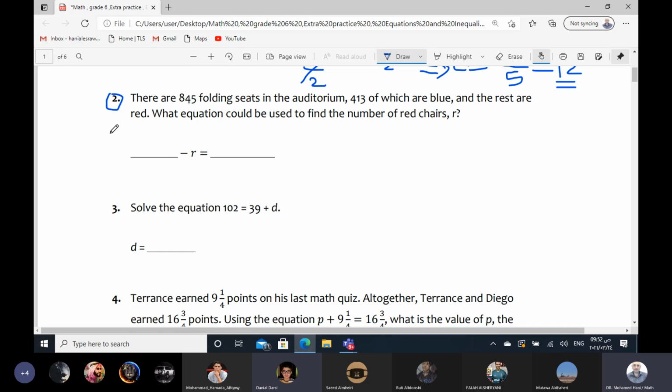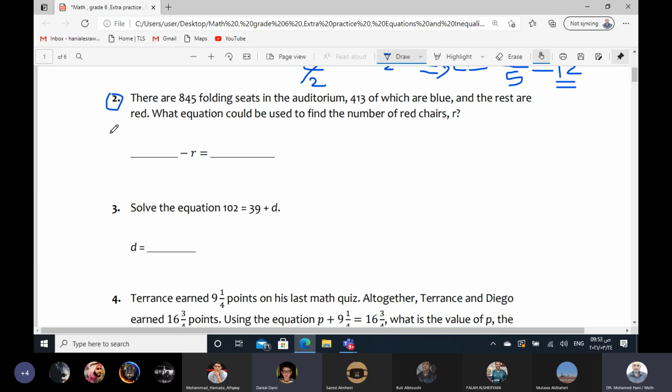There are 845 folding seats in the auditorium, 413 of which are blue and the rest are red.